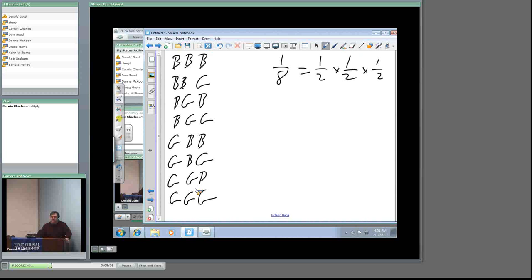That's 1 out of 8. First one has to be a girl, 1/2, times the second one being a girl, 1/2, and times the third one being a girl, 1/2. That's still 1/8. So A and B look the same. The answer to each is 1/8.